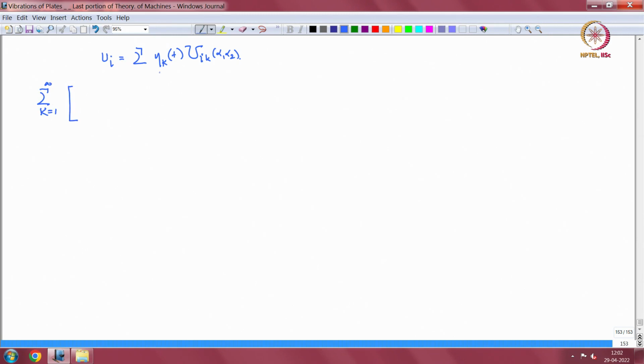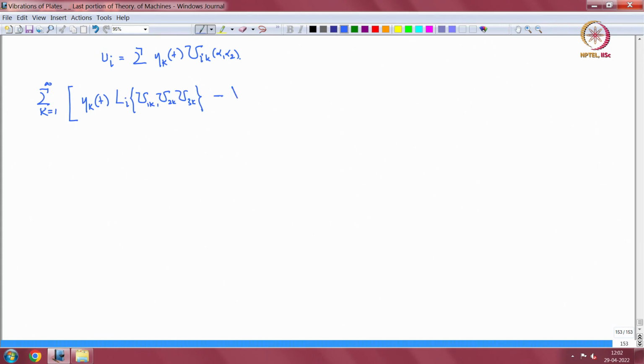Now the operator L_i operates on space, not on time, so eta_k will fall out and the operator will work on u1k, u2k and u3k, because all three displacements are there in one equation.